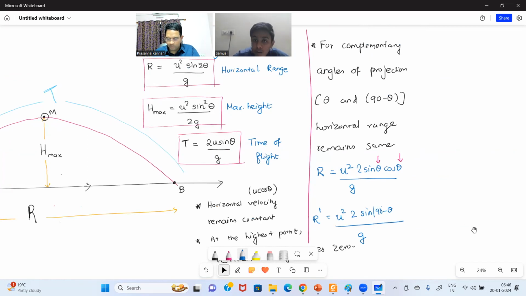So sine of 90 minus theta is cos theta, and cos of 90 minus theta is sine theta. 90 minus theta lies in which quadrant?